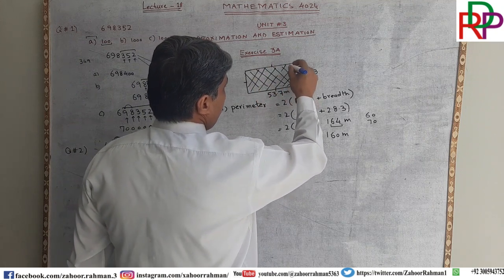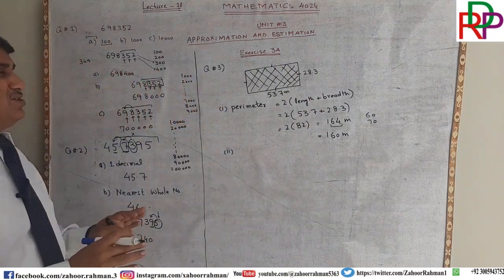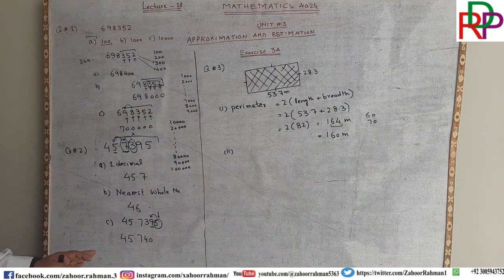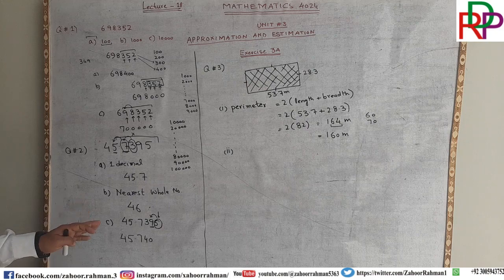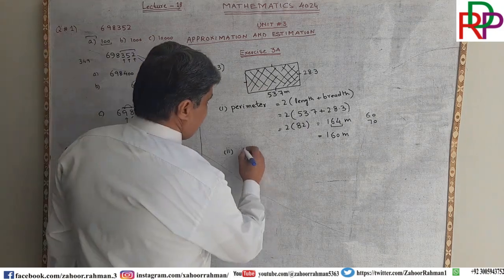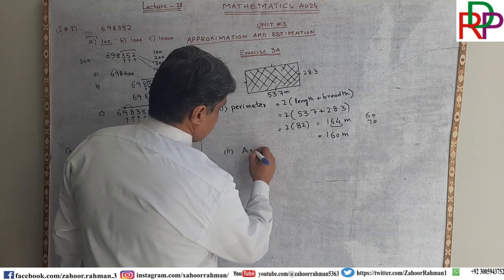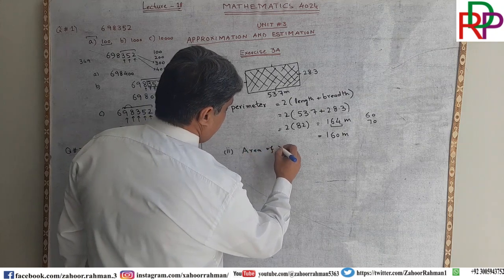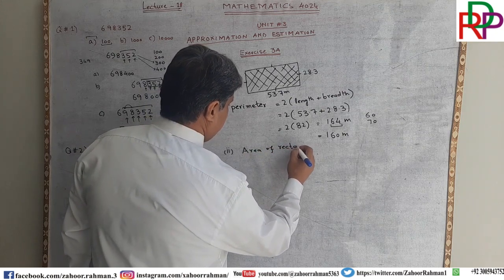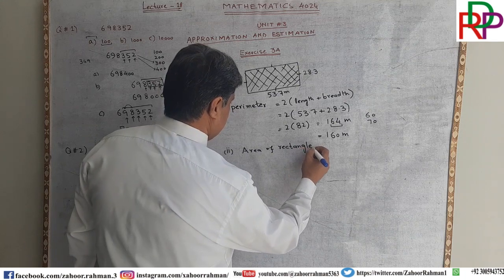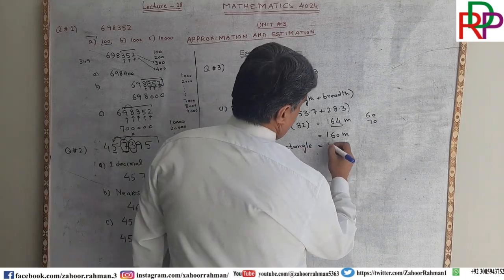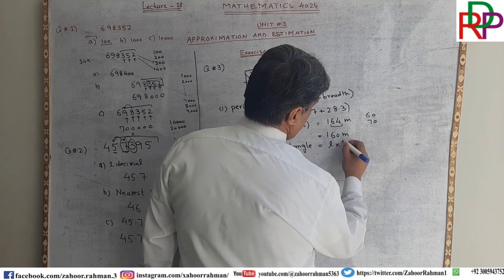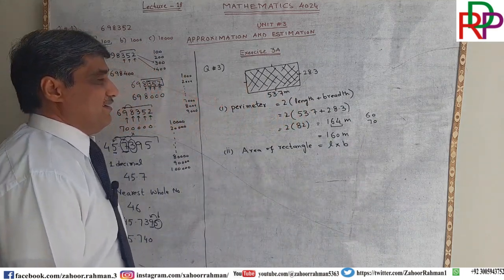We want to find how much area is needed to be filled with the grass. So area of rectangle is equal to L into B, length cross breadth.